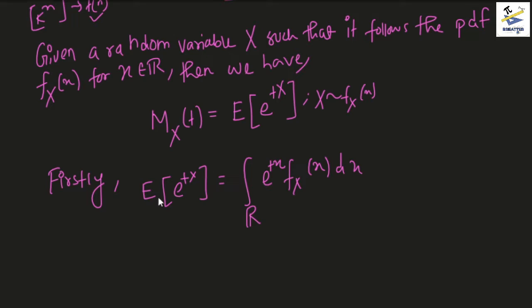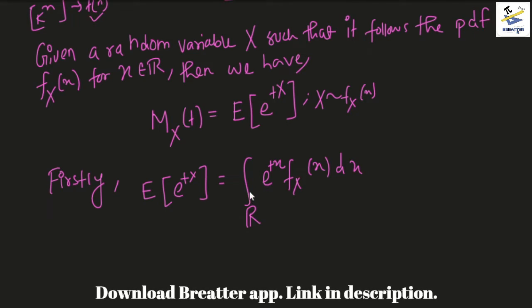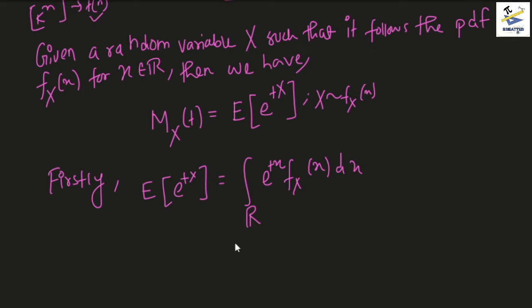The expectation of anything, as you know, is that function multiplied by the PDF of the random variable, integrated over the real line. So the integral of e to the power tx times f_X of x dx, over the whole real line, gives you the expectation of e to the power tX, and this also means that M_X of t is equal to this integral, right?